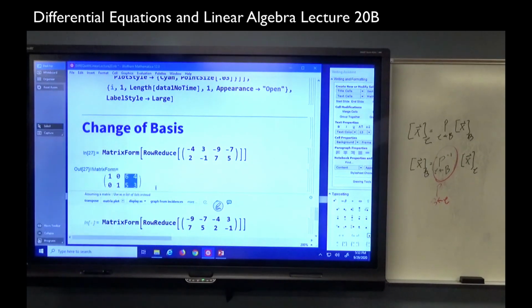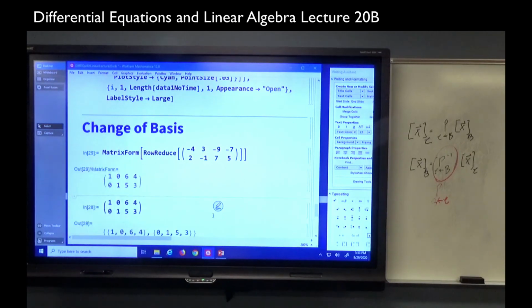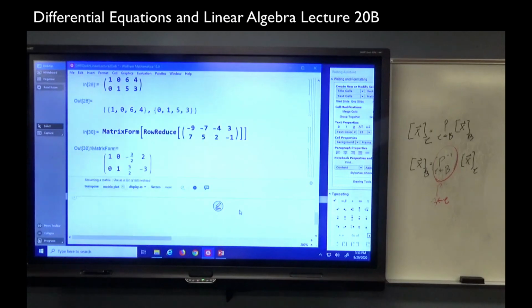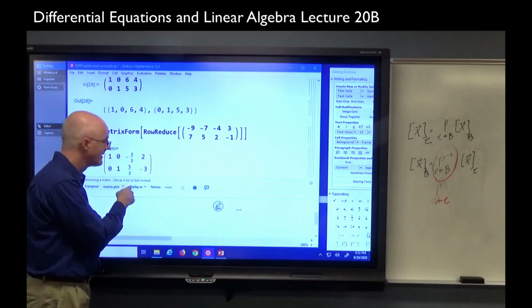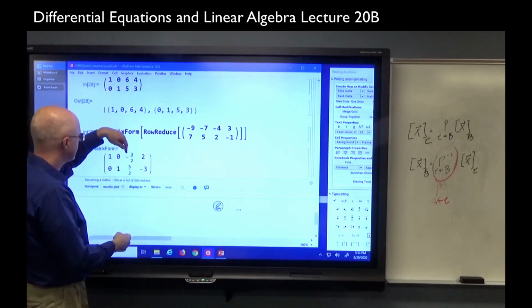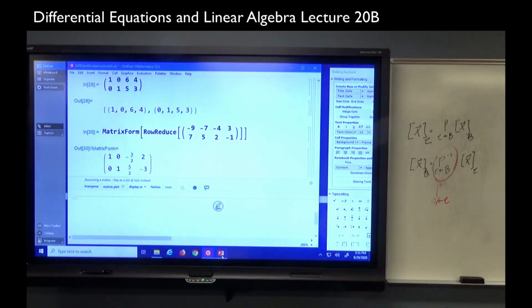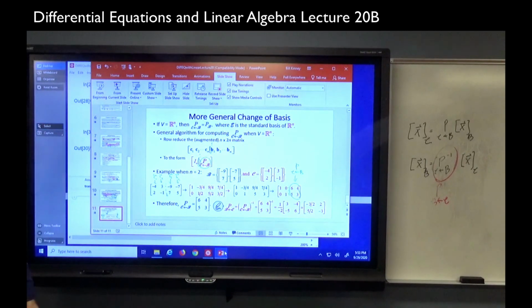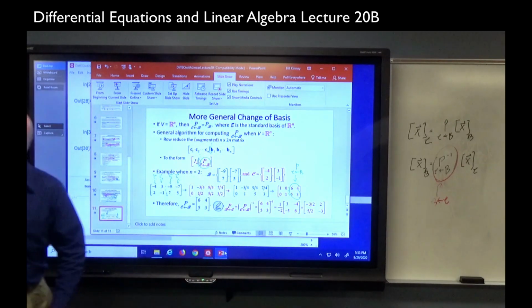If I row reduce that matrix, oops, then this matrix is the other one. It's the inverse matrix of this one right here. -3 halves 2, 5 halves -3. That is the same as what was on the PowerPoint. Right here, -3 halves 2, 5 halves -3. Right, those are the same.